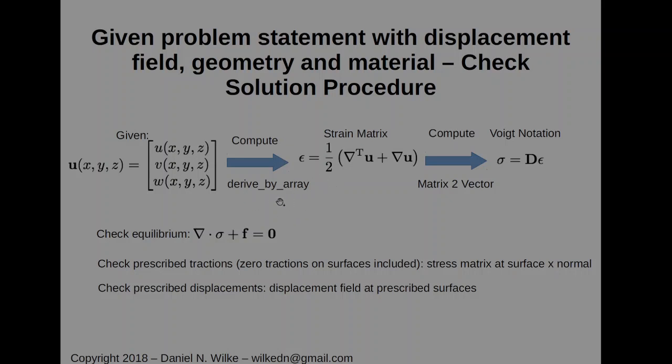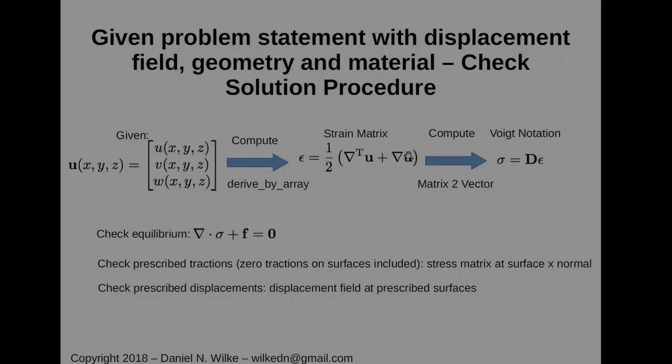So we take this displacement field and use the derive-by-array function to compute the displacement gradients, the gradient of this U vector, and so this will be three columns. The one column will be the gradient of U, the other column will be the gradient of V, and the other column will be the gradient of W. We take that displacement gradient, add its transpose, multiply by half, and that's the strain matrix.